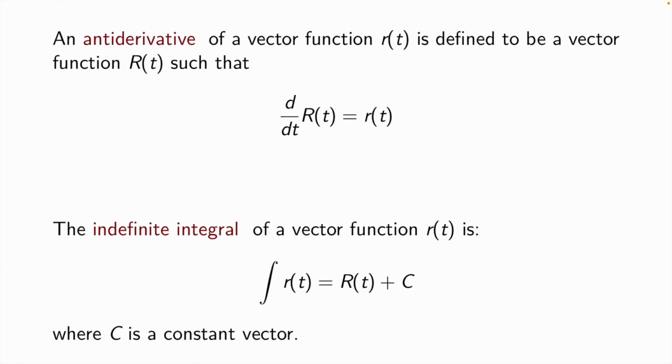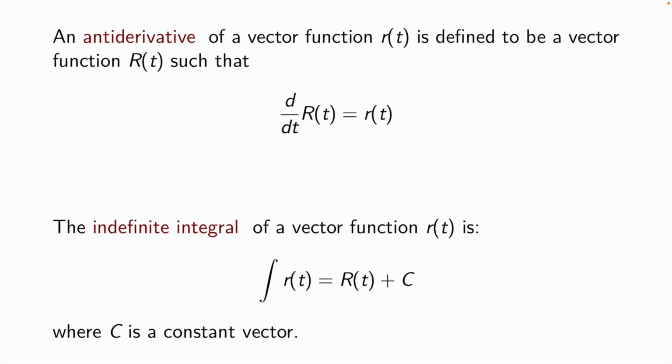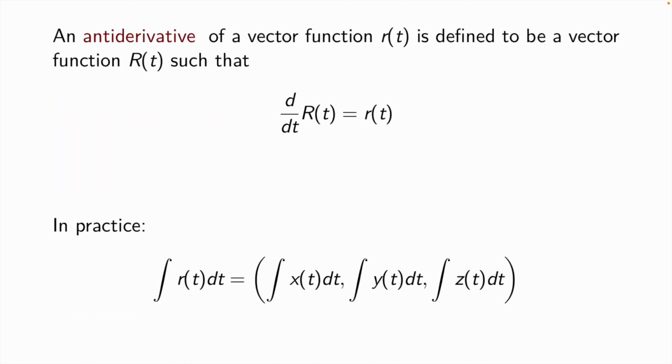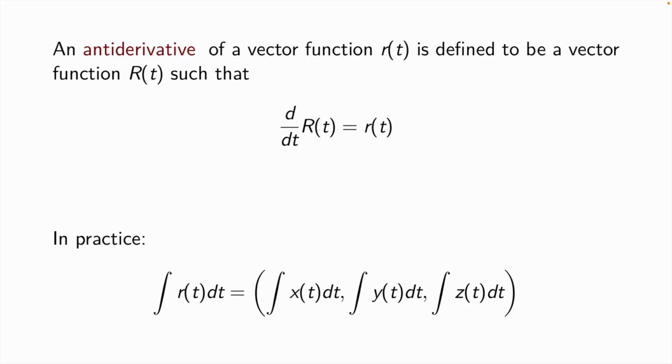And the indefinite integral of a vector value function is the antiderivative plus any constant vector. So be sure that this now is not a number like in the real value functions, but it's a vector. I mean, it's a constant vector, a vector that all the components are constants, do not depend on t.